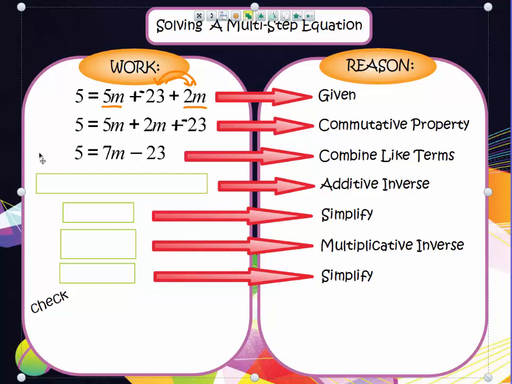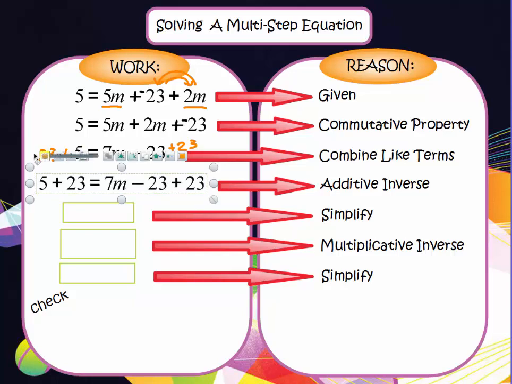So I'm going to use the additive inverse. The additive inverse of negative 23 is a positive 23. So I want to add 23 to both sides. Now, why do I have to do it to both sides? Because again, an equation is like a scale, it has to stay balanced. If I do something to one side, I must do it to the other side as well.